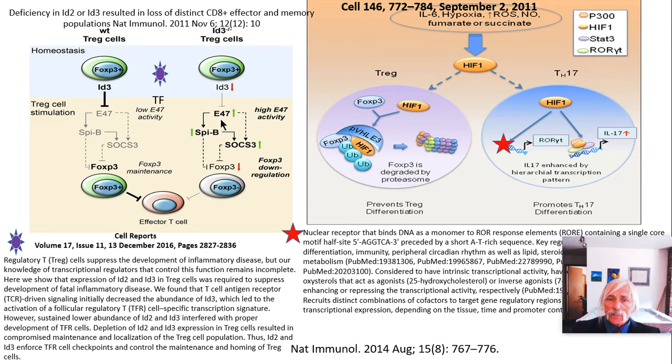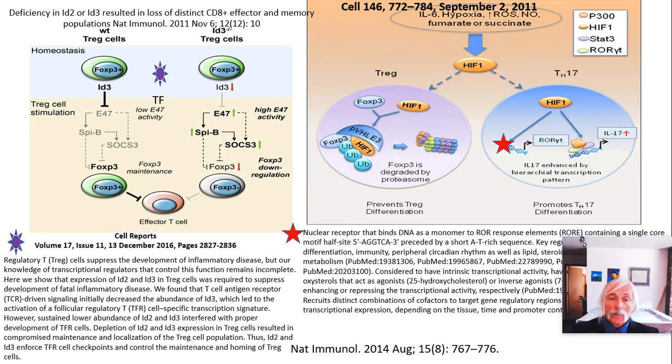Now, what happens is because you can't block this, E47 turns on. That turns on SPI-B. That turns on SOCS3. And what does that do? It tanks FOXP3. So now you basically have FOXP3 deficiency. So you are a really lousy Treg lineage because you have FOXP3 downregulation, and now your effector T cells can go on to induce inflammatory responses.